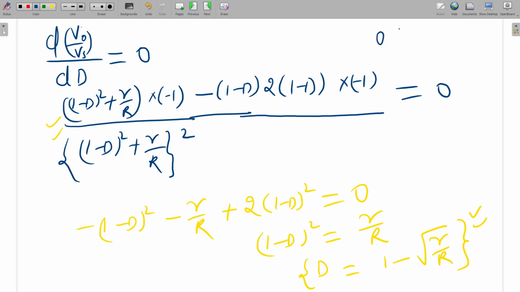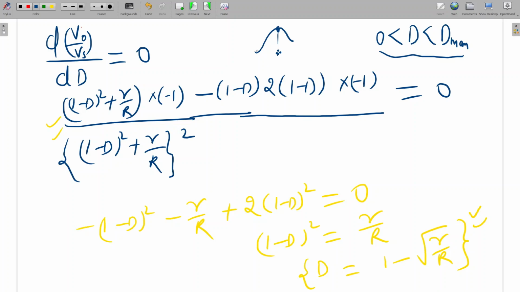So the duty ratio should be from 0 to this maximum duty ratio. If we operate beyond this duty ratio, we are de-utilizing, as the gain will be less. The gain curve will be something like this, it reaches a maximum value and again decreases. So at some particular value of duty ratio, we get the maximum gain.